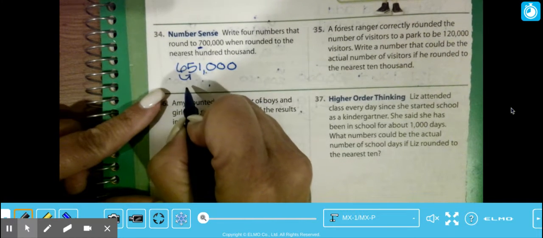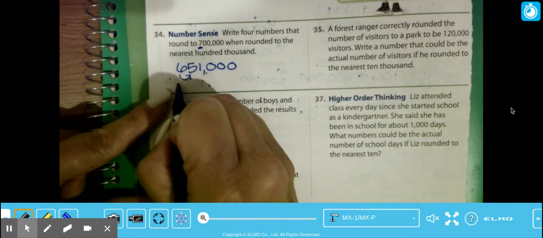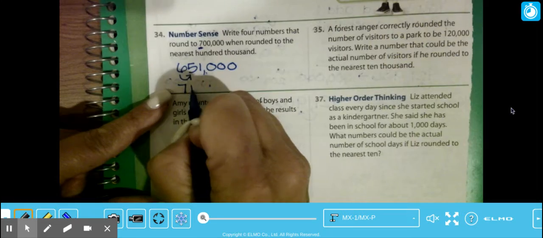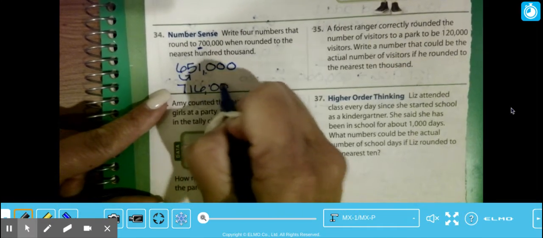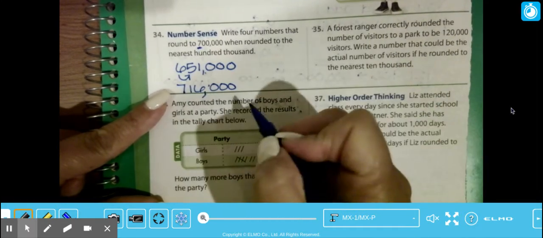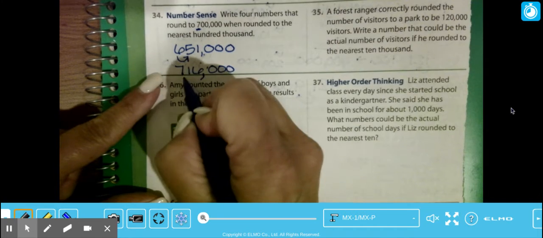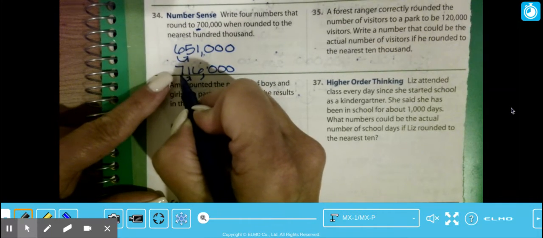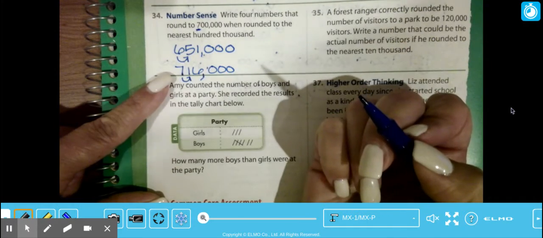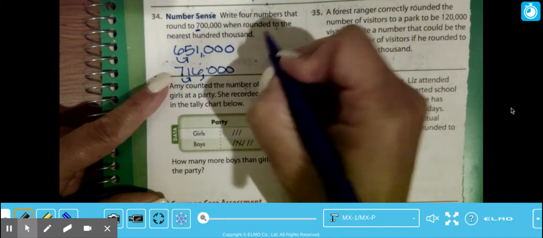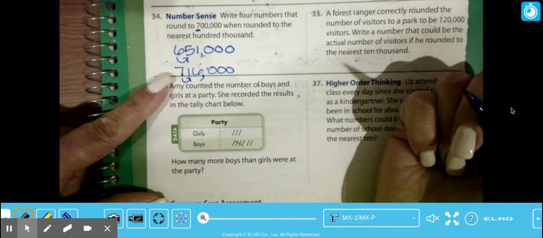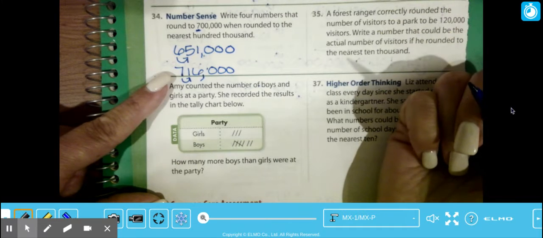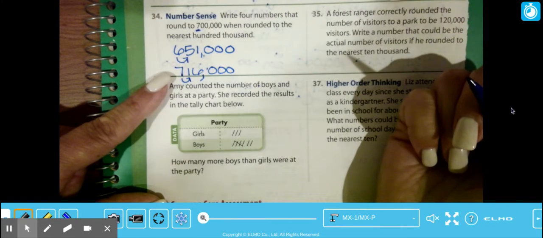Another one that might work, what about something like 716,000? Just an idea. Would that work? It would, because I would look to the right and it's a 1. So I'm going to let my 7 rest, and it would still work out to be 700,000. Go ahead, write 2 more numbers that when rounded to the nearest 100,000 would give you 700,000. I bet you can do it.